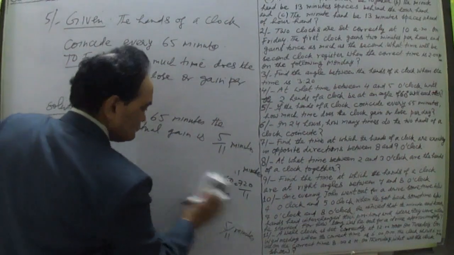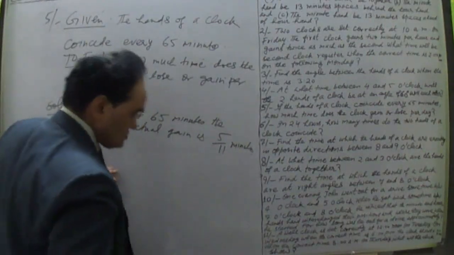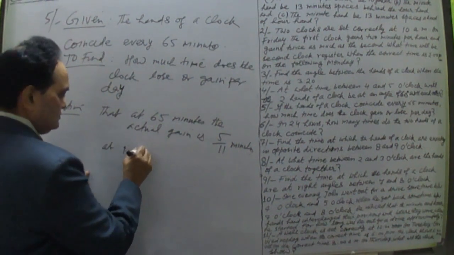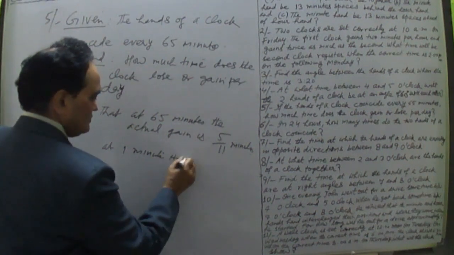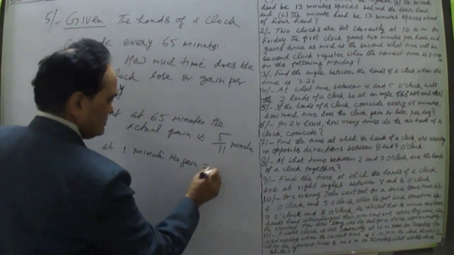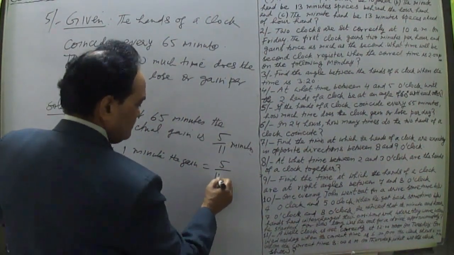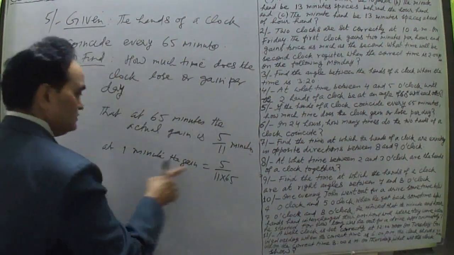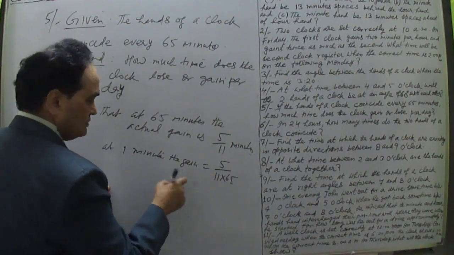Okay, but we have to find it out for 24 hours, per day. At 1 minute the gain is equal to 5 upon 11 into 65. In 1 hour, this is per minute we are finding out, 65 minutes. In minutes we have to find out.